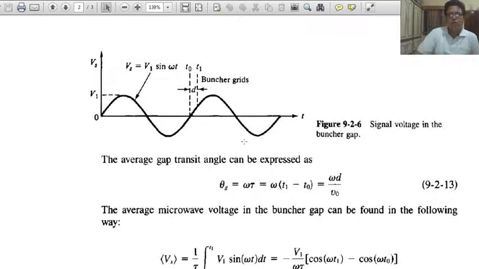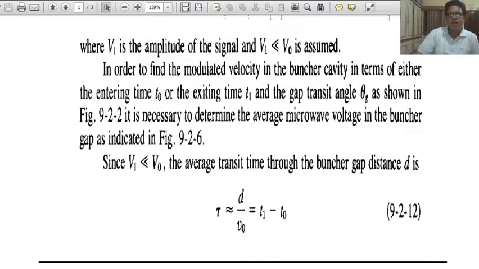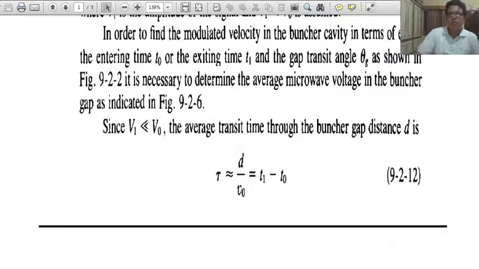9.22, we initially use this figure. It is necessary to average the microwave voltage in the Buncher gap. You can see it in your book.